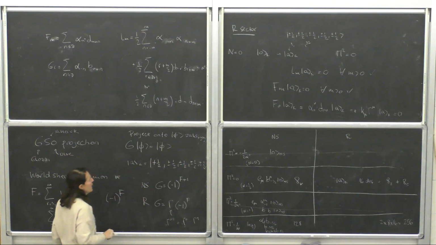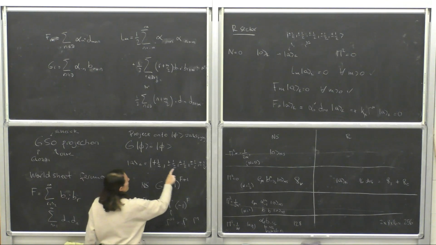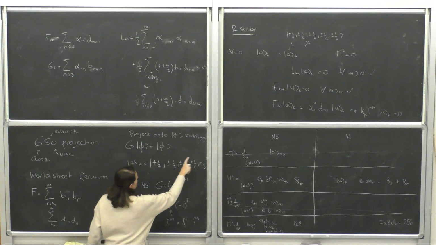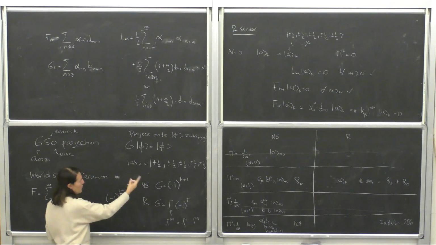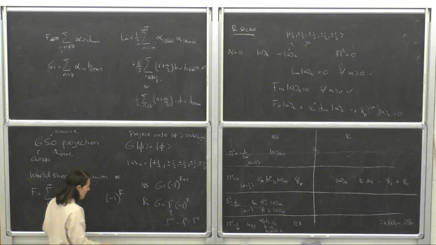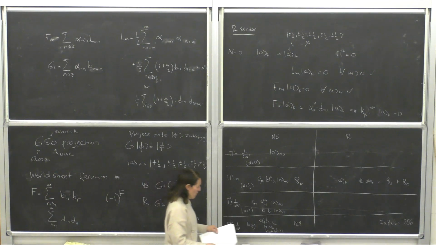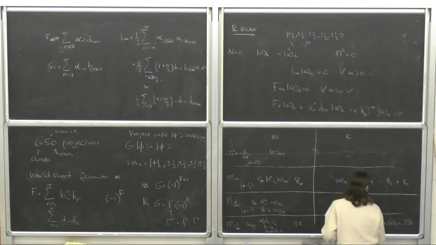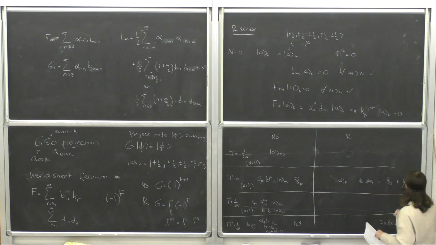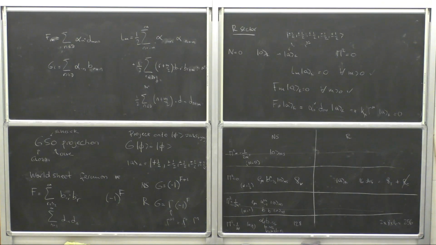If I want the total chirality fixed, then I need to have an even number of pluses here, and that means a positive chirality in a dimension. So here you are projecting this out. And from this, we will get 128 states.